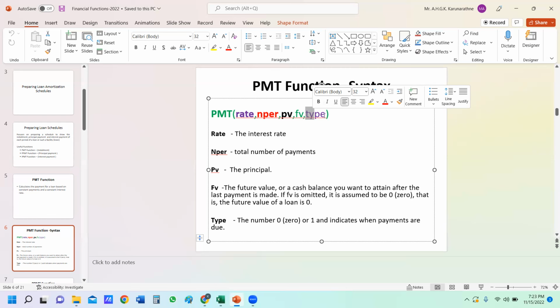So type represents whether your repayment occurs at the beginning of each period or at the end of each period. Like most loan repayment arrangements, you start your repayment at the end of each period. Today you borrow, and your first payment will be at the end of next month. So loan repayment usually occurs at the end of each period.